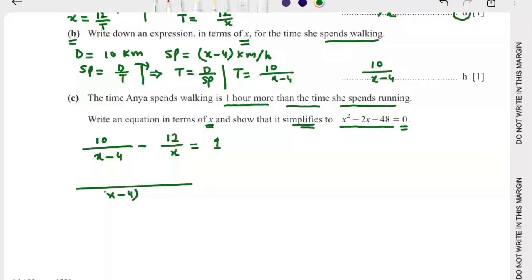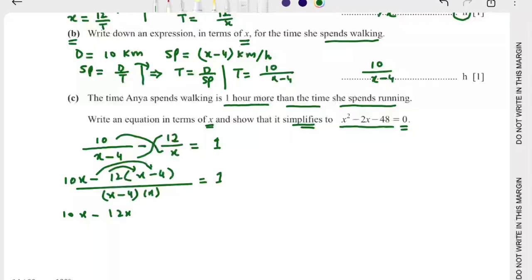So take LCM. x minus 4 and x would be the LCM. We have to cross multiply, 10 with x and 12 with x minus 4. 10x minus 12 times x minus 4 is equal to 1. 10x minus 12x, minus times minus is plus, 12 times 4 is 48, upon x square minus 4x is equal to 1.